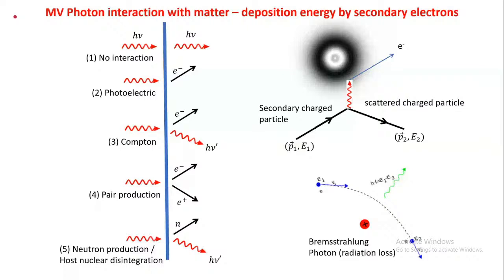So the list of the interactions they can cause with the tissue varies from photoelectric, Compton scattering, electron-positron pair production, and nuclear reactions. As we see in this diagram, a release of charged particles occurs as a result of photon interaction. So, for example, the electrons are released in photoelectric or Compton scattering.